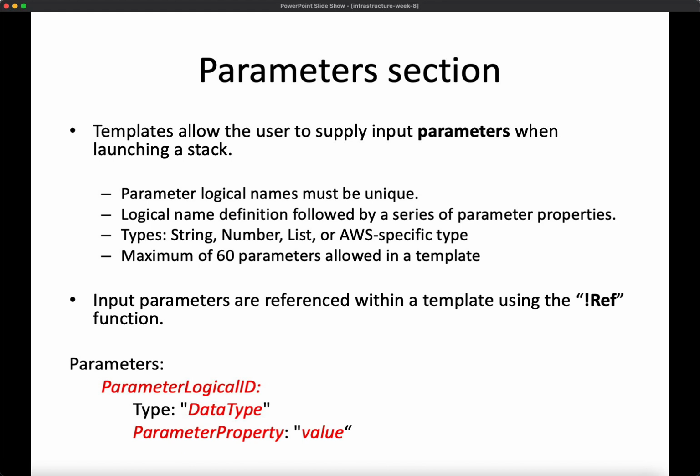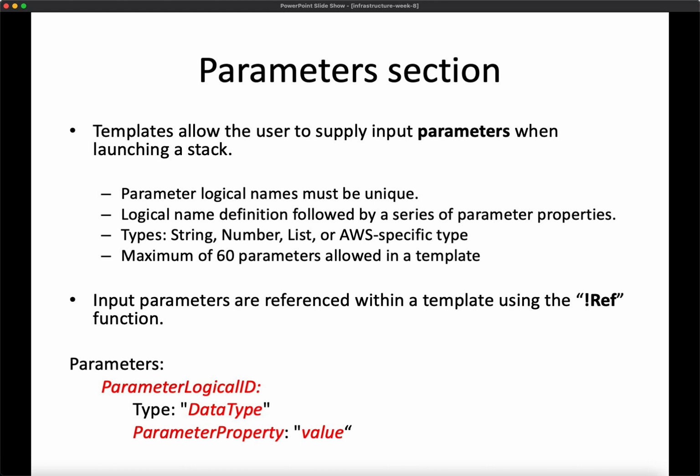Now, when you define parameter values, you're essentially defining variables within the stack, and each parameter has a logical name which must be unique within that template, which makes sense. It's kind of like creating variables. You would have unique variables that are mapped to individual values within your application.